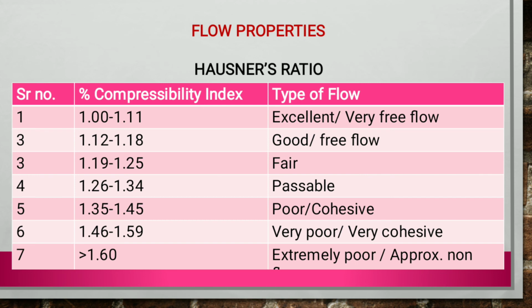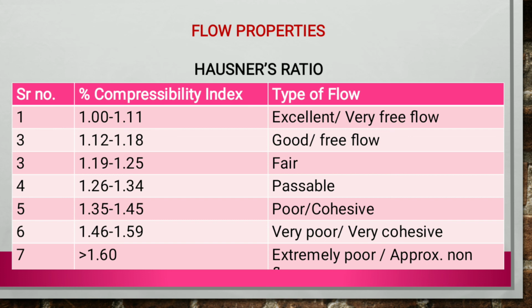So if Hausner's ratio is between 1 to 1.11, it offers excellent or very free flow. If it is between 1.12 to 1.18, it offers good or free flow. Then from 1.19 to 1.25, it offers fair flow. If in the range of 1.26 to 1.34, it has a passable flow.